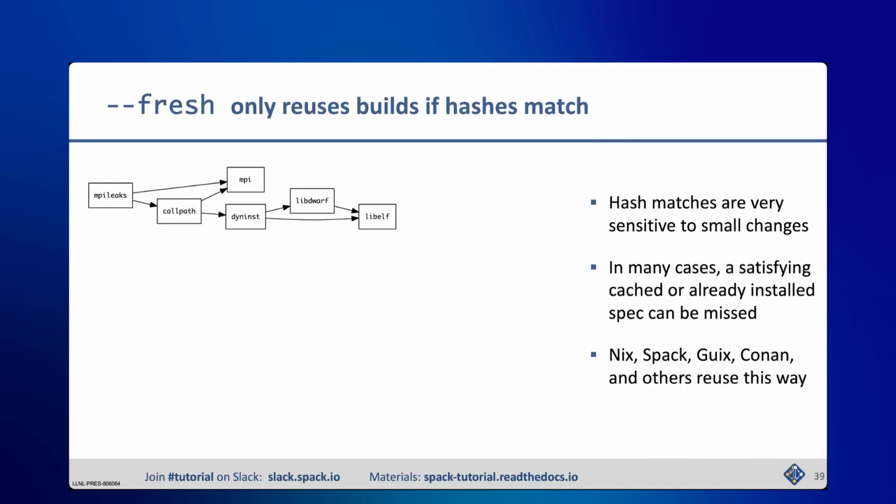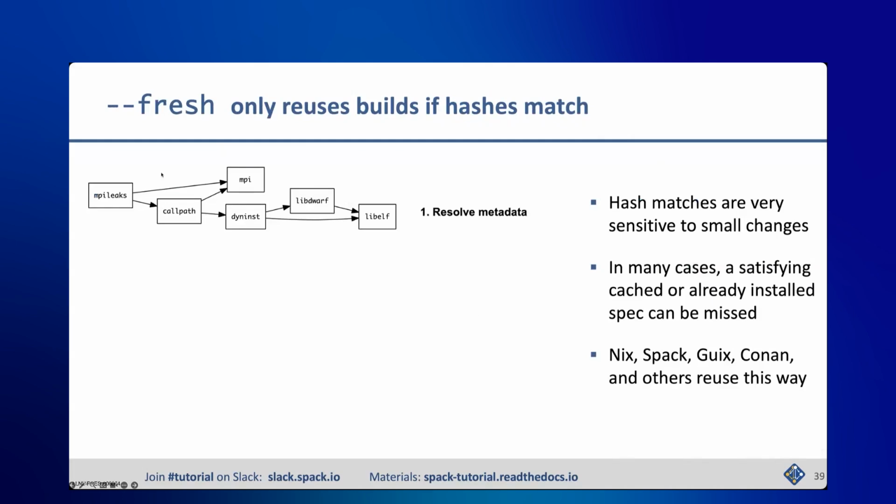One of the things that the new concretizer enabled us to do that the old one did not is reuse installed packages. So if you've installed CMake, say, and then you update your packages, so there's a newer version of CMake available, old Spack would always try to use the latest version of everything. And the way that it would do that is it would take this dependency graph, right, and it would solve it.